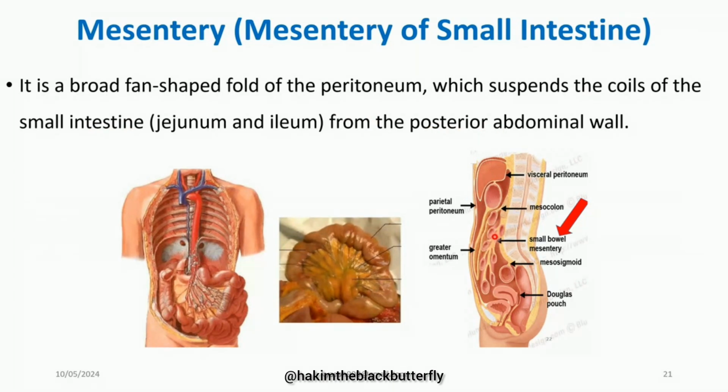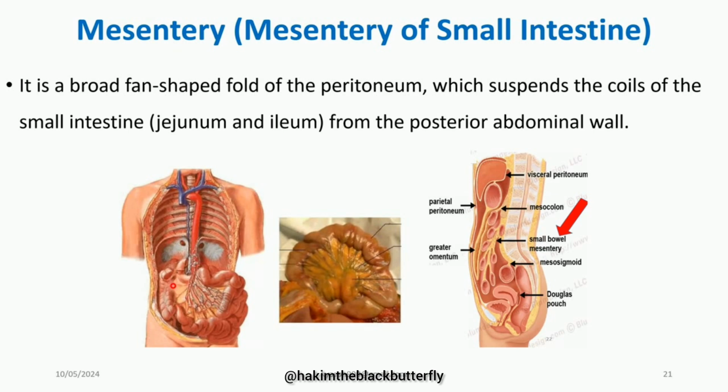That peritoneal extension that suspends these small intestinal structures from the posterior abdominal wall is what we call the mesentery. Some sources call it the mesentery of the small intestine for clarity.